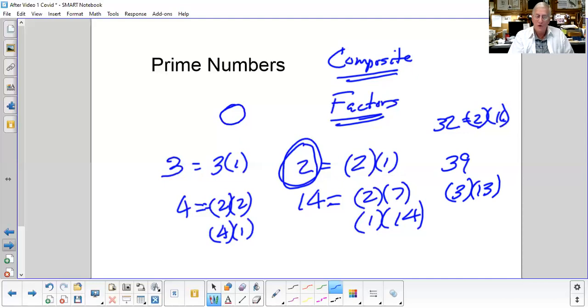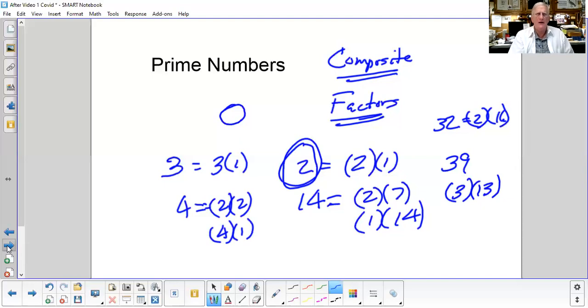So, you must realize that after you have figured out that a number is odd, or know that it's odd by just looking at it, it could be a prime number or a composite number. But the only even prime is 2.